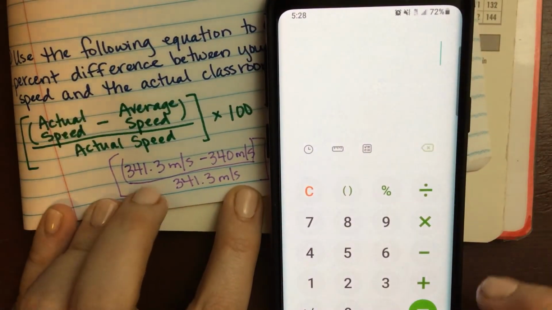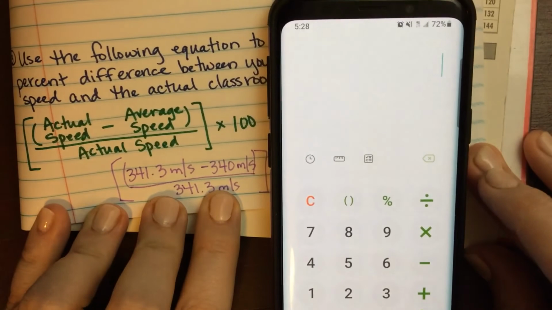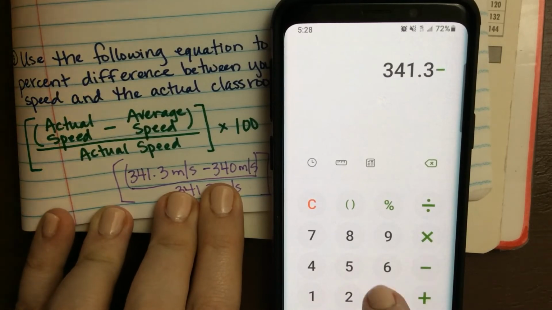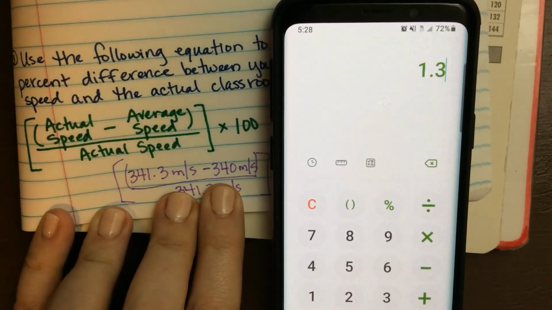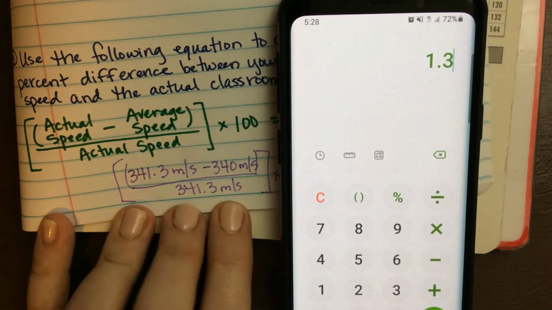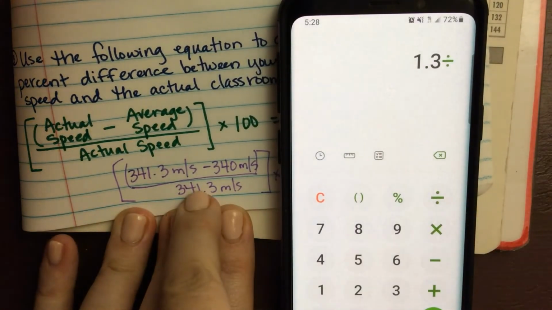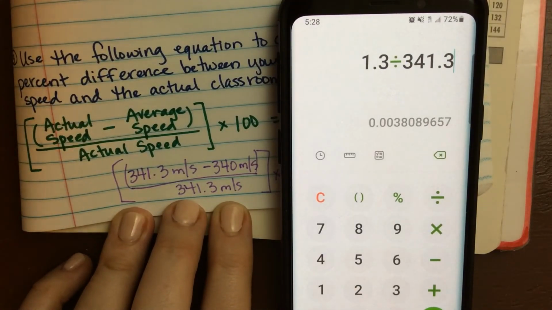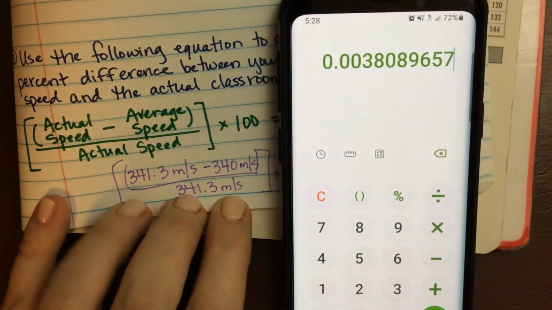Again, I'm going to do this in pieces so that my calculator understands what I'm trying to say. So 341.3 minus 340, hit equals, so I know that's all I'm subtracting. Now I'm going to divide by the number on the bottom, 341.3, and hit equals again.